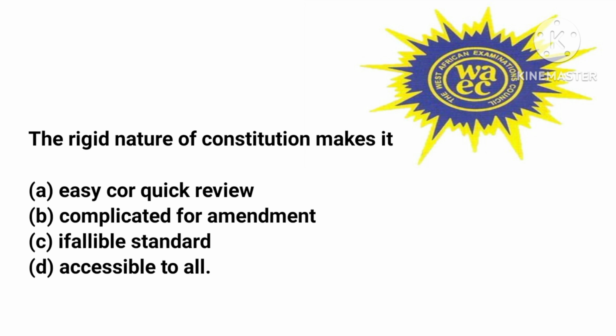A rigid constitution is usually a written constitution and is a kind of constitution that you do not add to or remove from easily. One of the major characteristics of a rigid constitution is that it's difficult for you to amend it. For you to amend a rigid constitution, it has to go through a lot of processes. So option B is the correct answer, complicated for amendment.